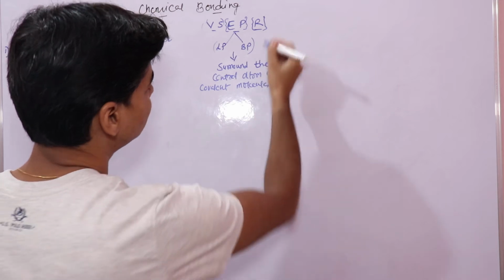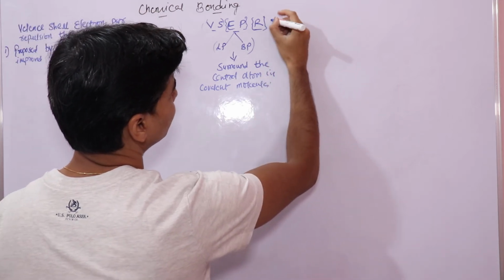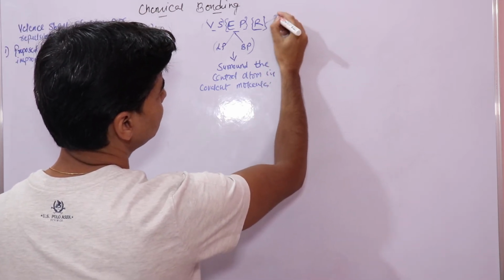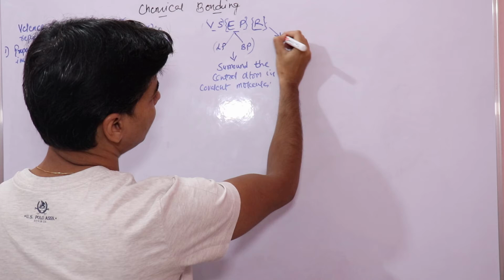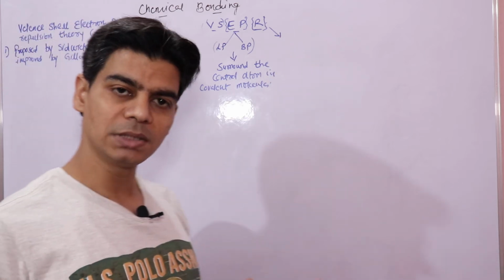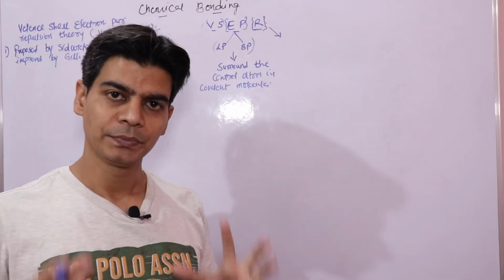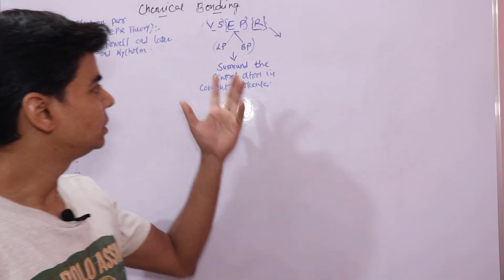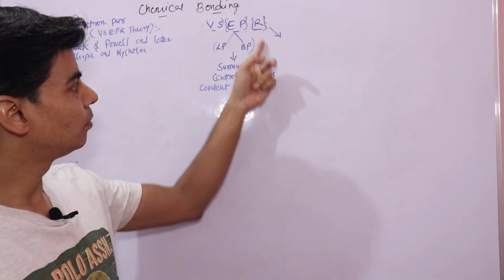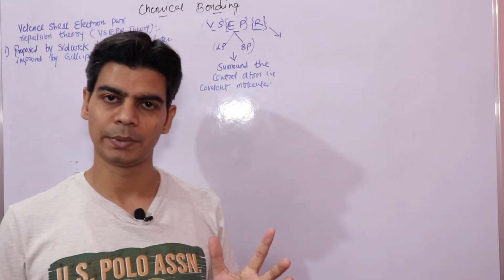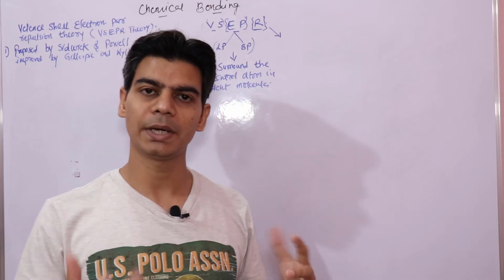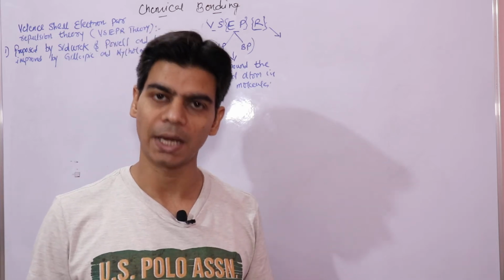Now what does the term repulsion mean? Here repulsion stands for repulsion between lone pair and bond pair, or between lone pair and lone pair, or bond pair and bond pair, depending on the number of lone pairs and bond pairs that the central atom has.